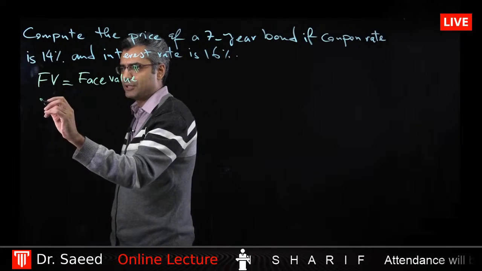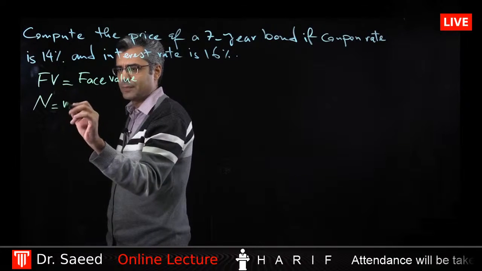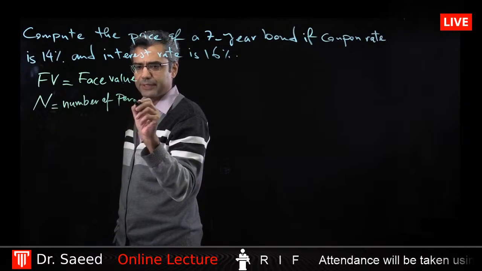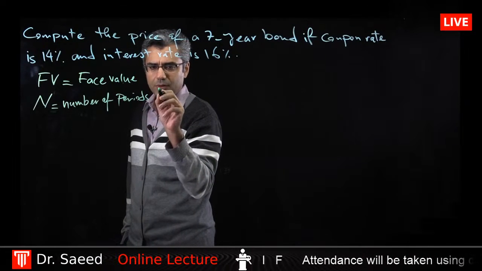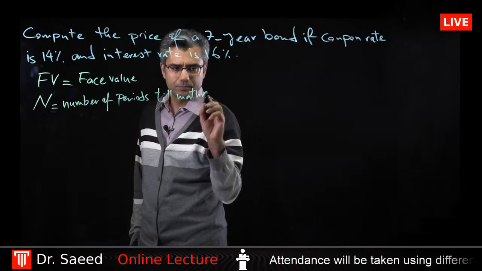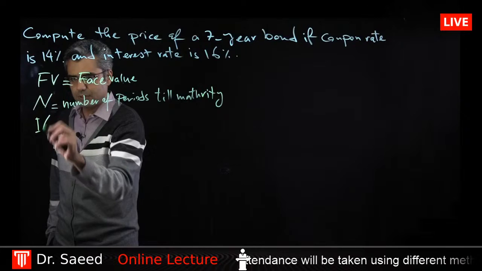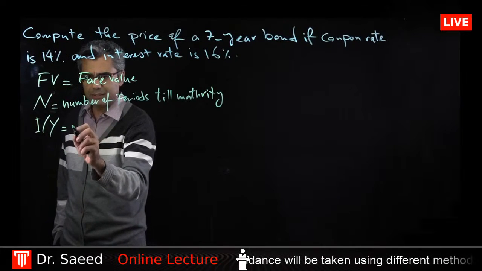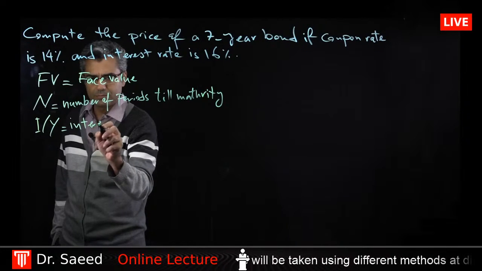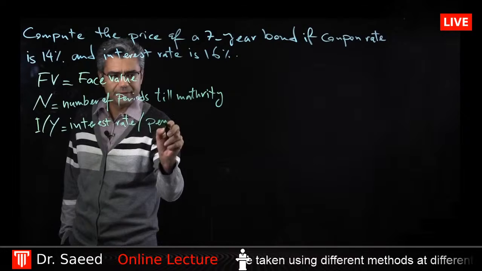Then the second parameter is N, the number of periods until maturity. Then the interest rate, which is the interest rate per period.